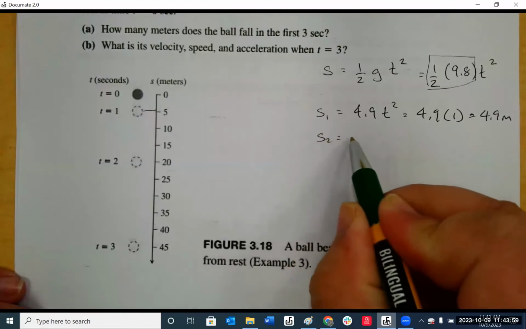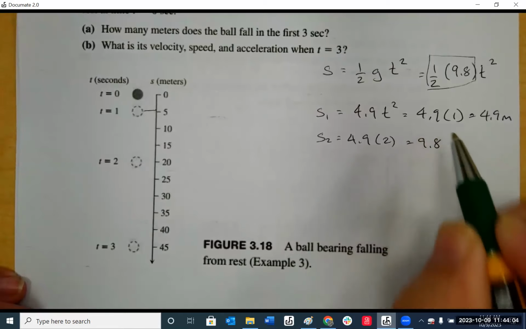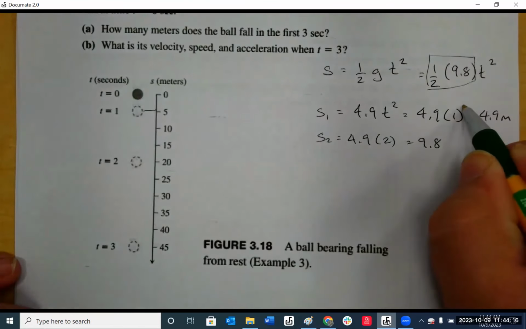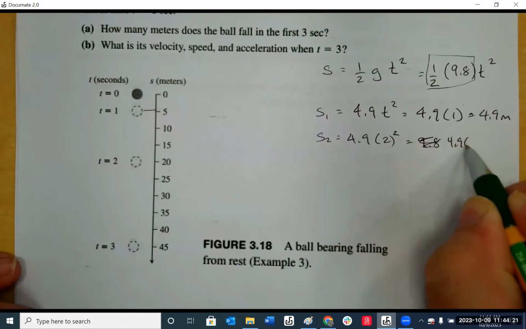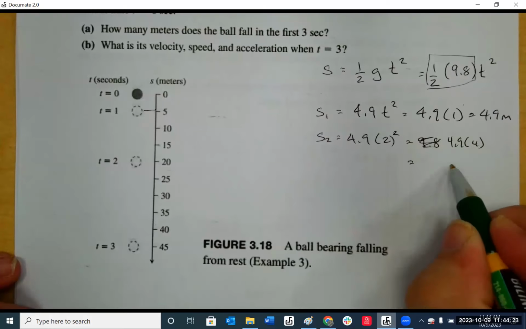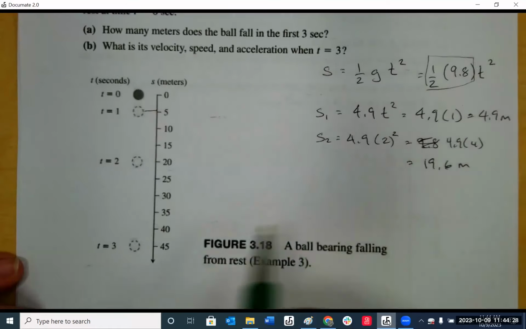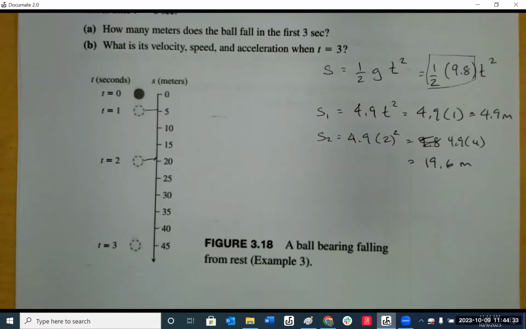At 2, we have 4.9 times 2, which is 9.8. No, squared. We have to square it. So it's 4.9 times 4, 19.6 meters. Again, it's not exactly 20.